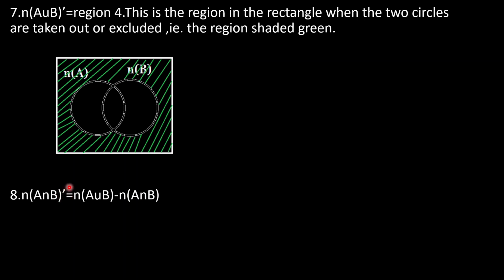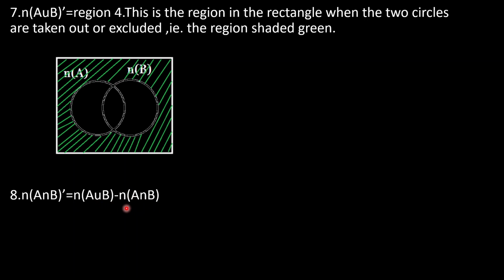It depends on where the apostrophe sign is. Each position of where the apostrophe sign is placed has its meaning. So here it has been placed outside the bracket. So number of A intersection B, bracket close, complement equals number of A union B minus number of A intersection B.